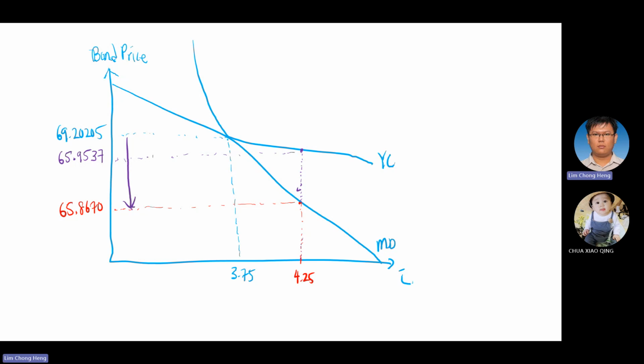But based on the theory you learned, the share price just dropped to here only. 69.20 dropped to 65.95. So this is what the theory is saying. That means your modified duration cannot be used. It already overestimates the interest rate effect. So this method cannot be used.